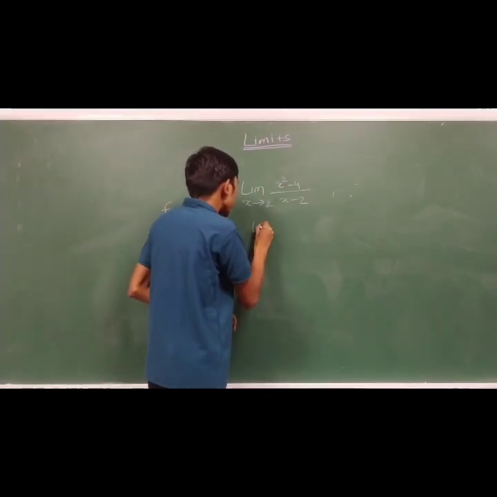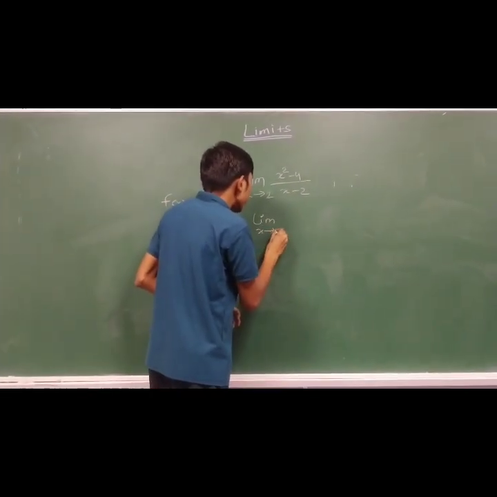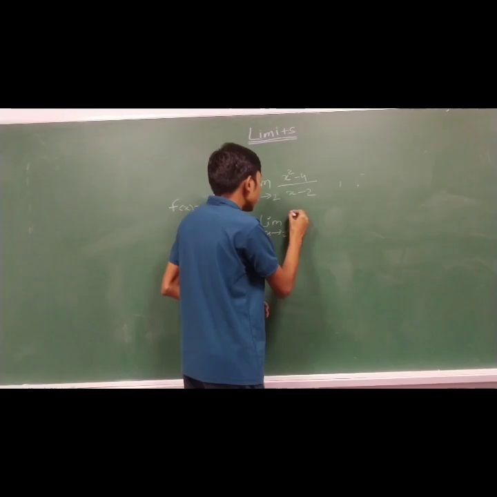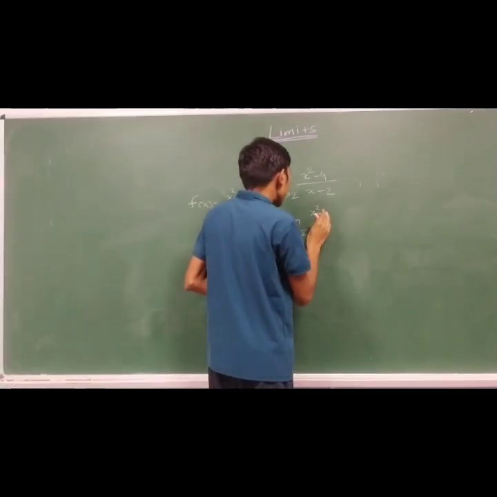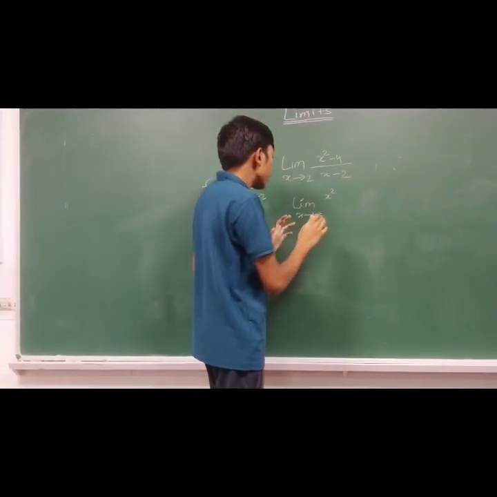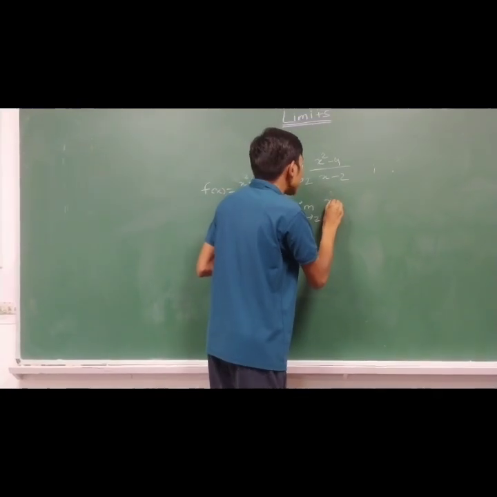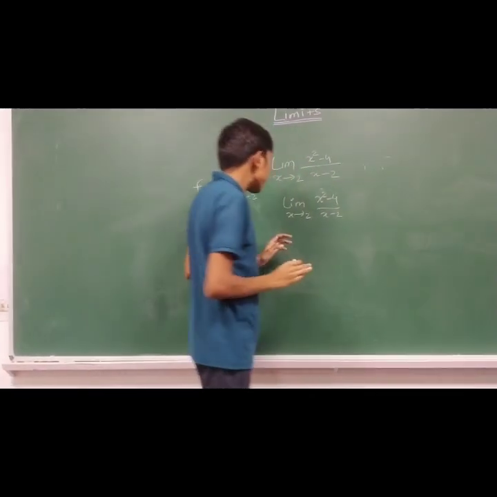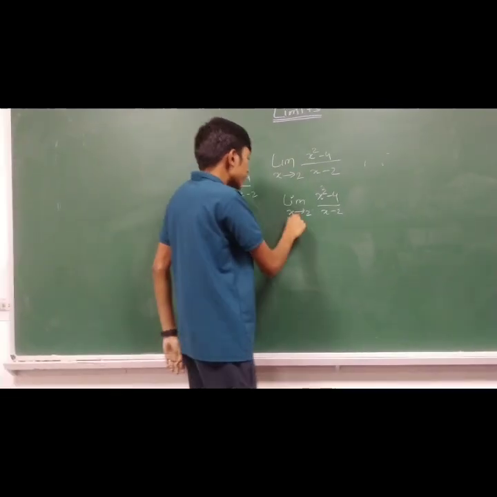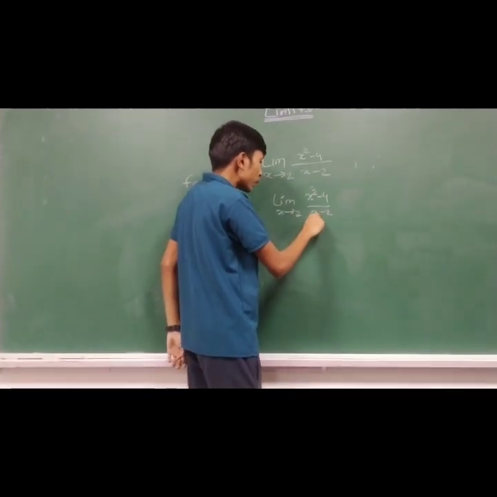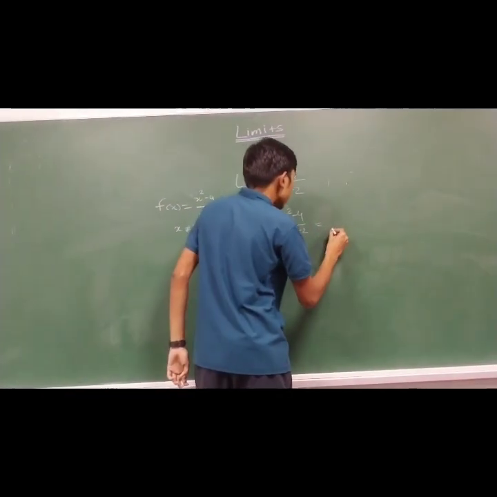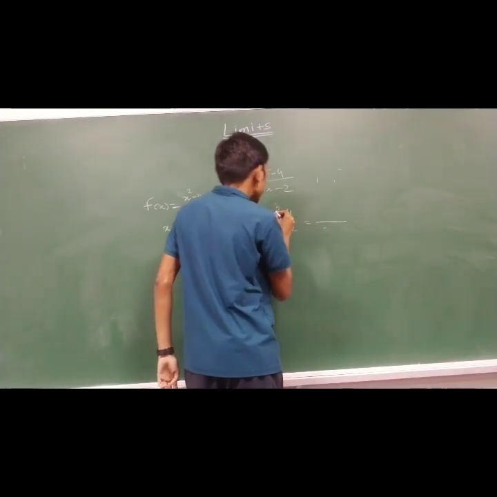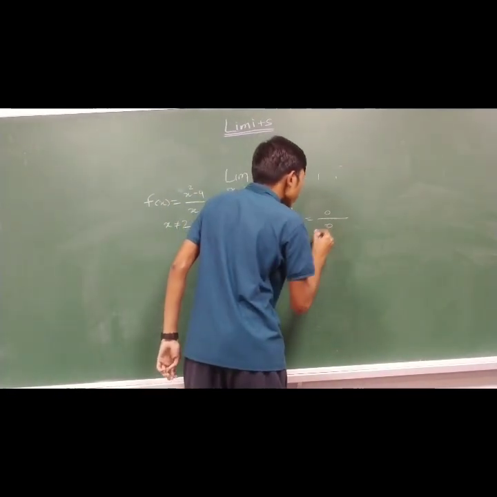First let us calculate the limit at 2. But here I can see that at x equal to 2, if I put 2 in the numerator and 2 in the denominator, this is the 0 by 0 form.